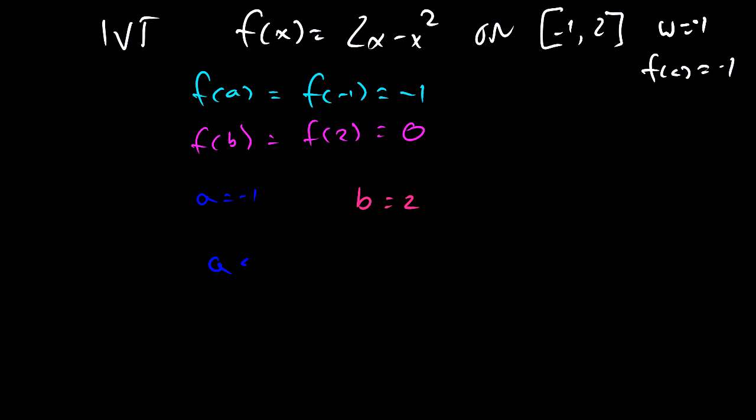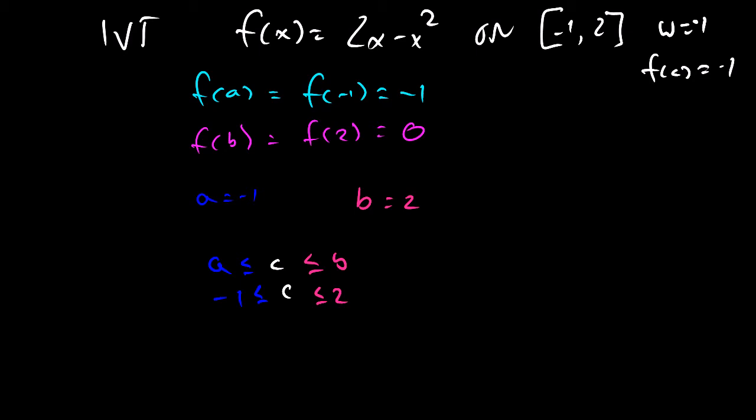So if we have a is less than or equal to our c value, which is less than or equal to our b value, then we have -1 is less than or equal to c, which is less than or equal to 2.